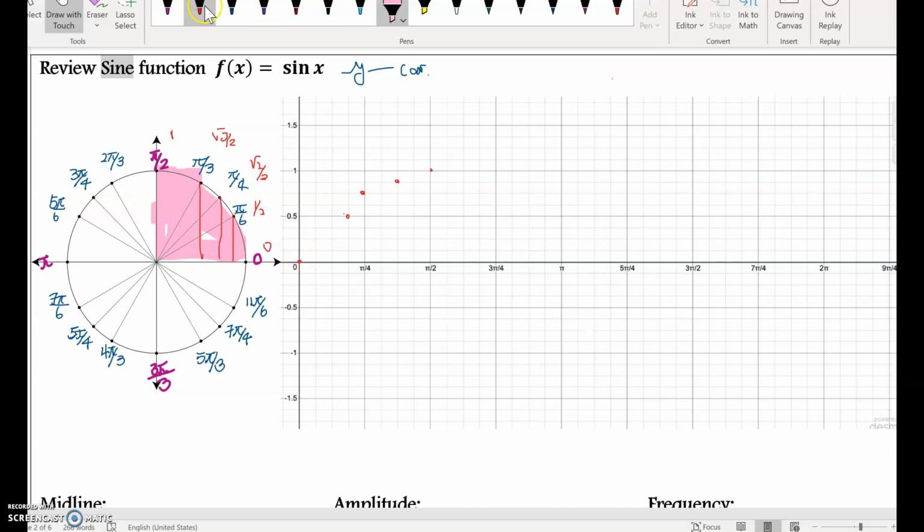So for this section, I'm going to connect the dots and draw a nice curve. It's not a straight line, it's a curve. And this section right here represents the first quadrant. Okay, so you can take a minute and try the other 3 quadrants by plotting the y coordinates in each radian measure.